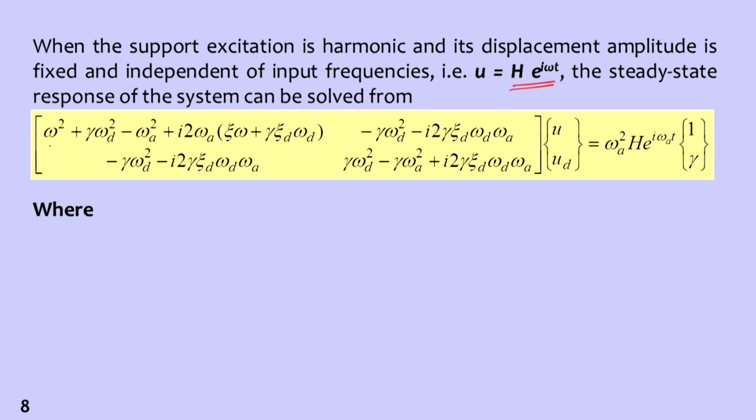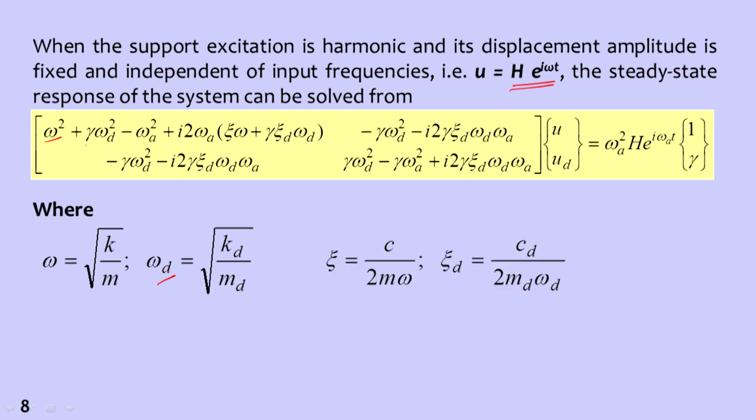As you can see, omega is the natural frequency, gamma, omega d, omega a, i 2 omega a, all these complex notations, where omega is the natural frequency of the primary system, omega d is the square root of kd by md, the natural frequency of the damper, zeta is the damping C by 2 m omega, zeta d is the damping present in the damper, and gamma is the mass ratio, md by m, the mass of the damper by the mass of the primary structure. So now you know all these values.